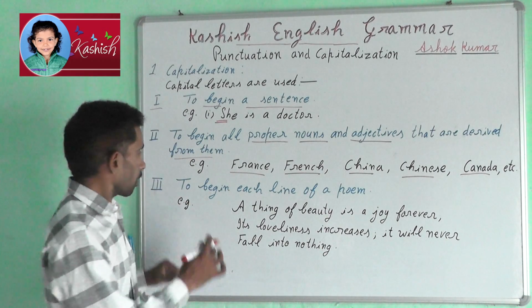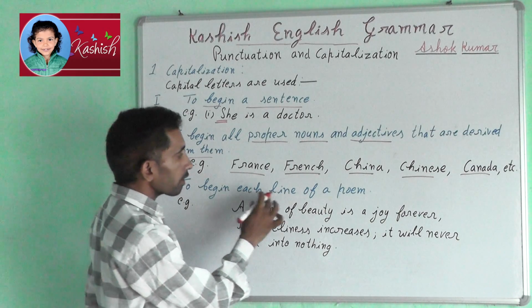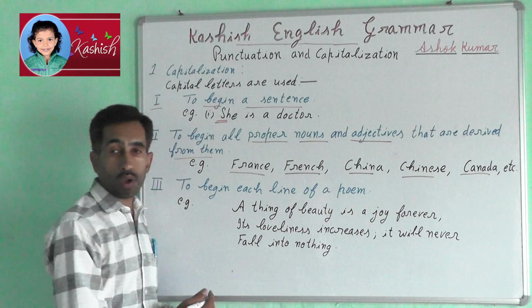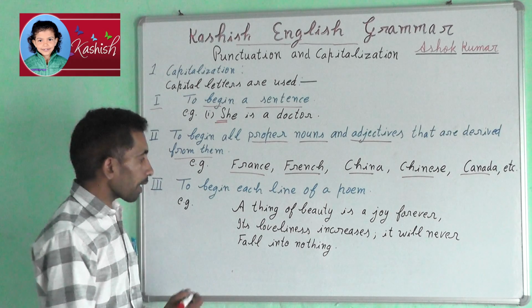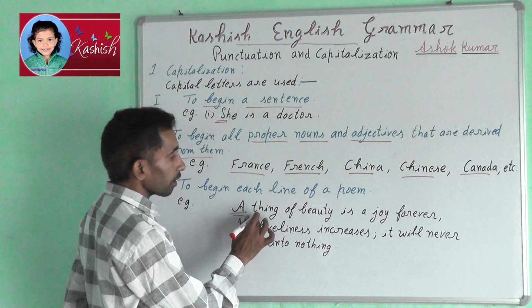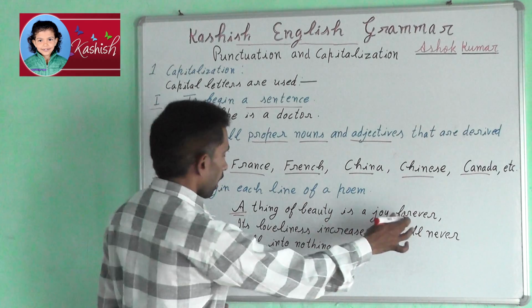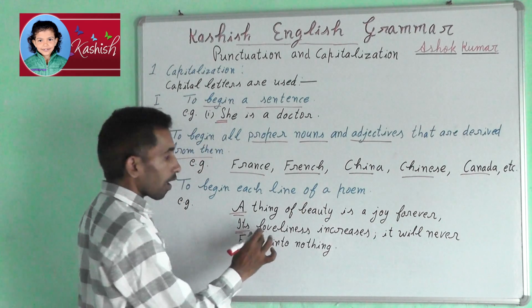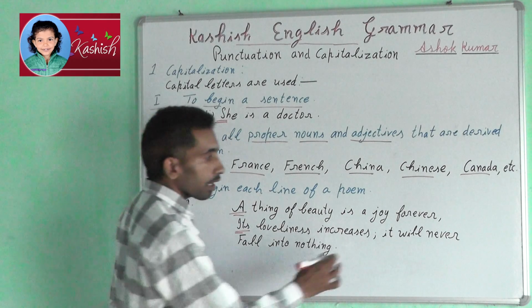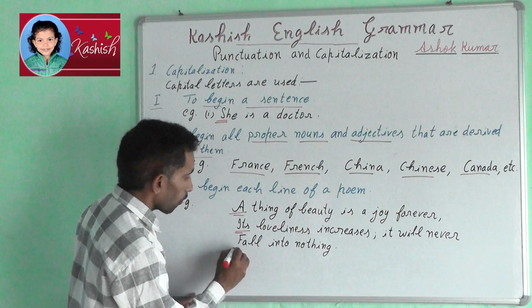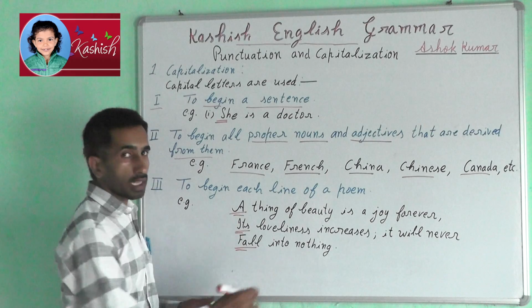Third, to begin each line of a poem. For example, a thing of beauty is a joy forever. Its loveliness increases, it will never fall into nothing.